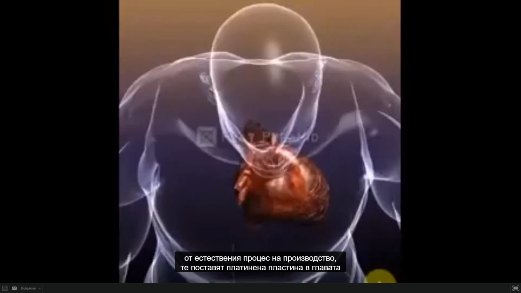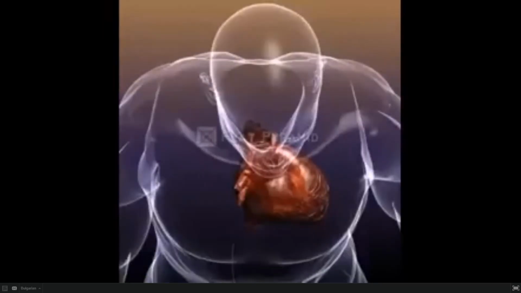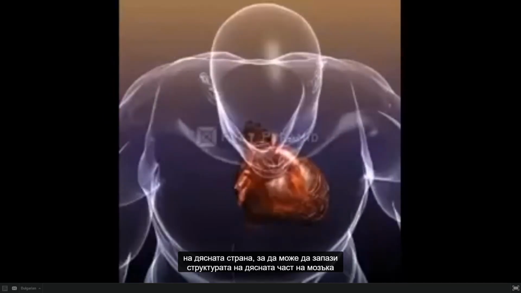They put a platinum plate in the head, but you have to look at the structure of the brain 5-10 years down the line, and secondly the emotional effect from it. Because the molecular calcium on the left side has to move to the right side to keep the structure of the right part of the brain. And now you have created a different field with a plate on the top. So you find out it does not work. It's there physically, but you find a lot of other defects.